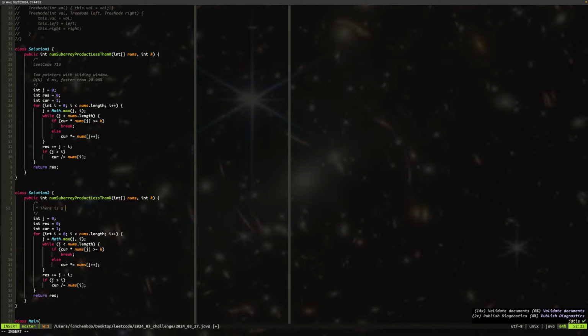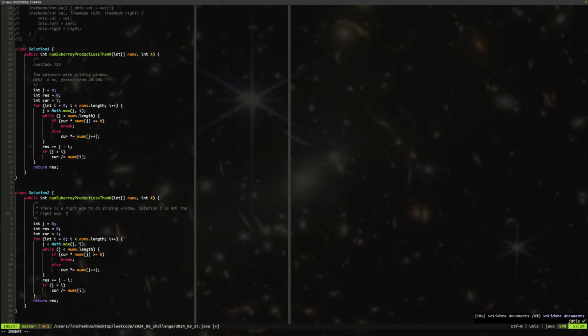There is a right way to do sliding window. Solution 1 is not the right way. This is the right way. So I can have all these, which is fine, right?